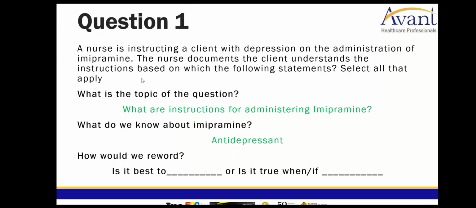So even if you didn't know what imipramine was, if you identify the key word that the patient's taking it for depression, it is logical to understand that it's an antidepressant. So that makes it a little bit easier to understand what you're looking for. So how would we reword this? The nurse documents the client's understanding on how to take an antidepressant. So that's truly what the question is asking, right?